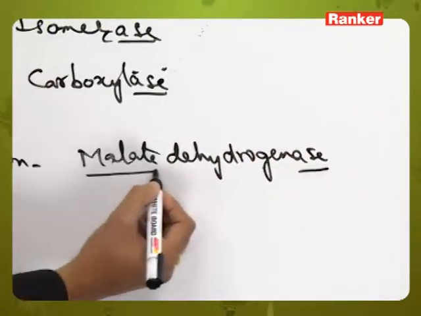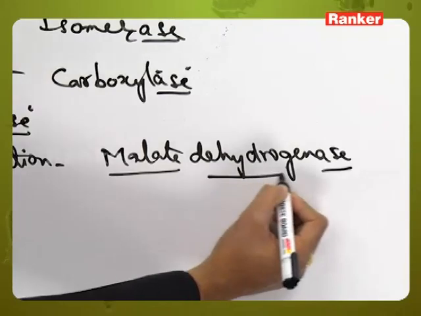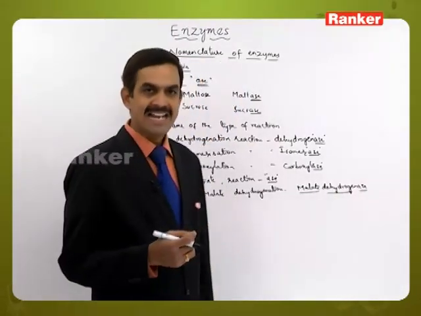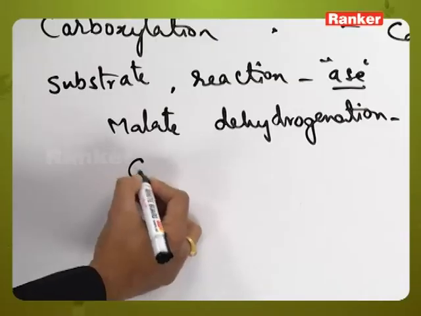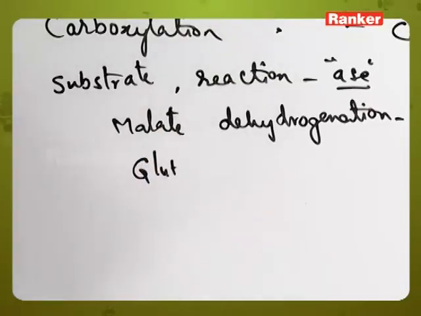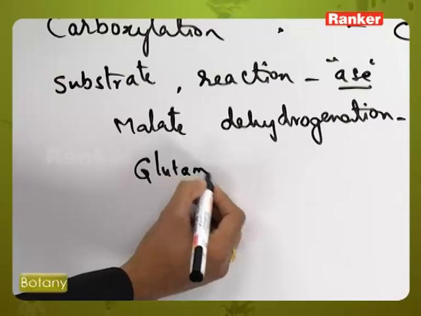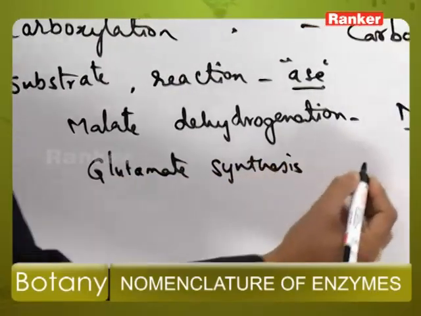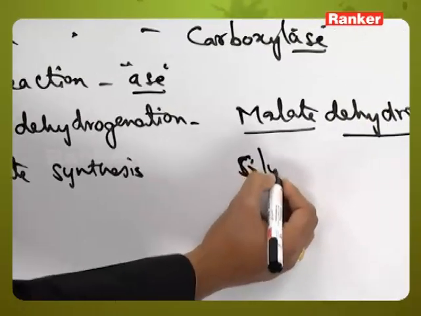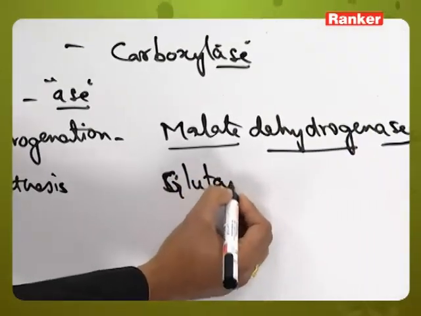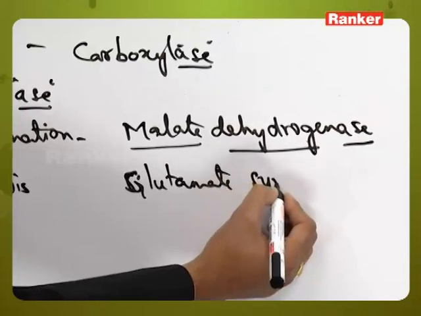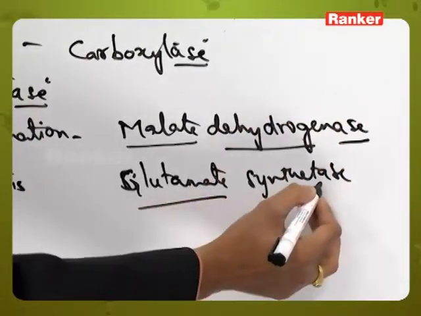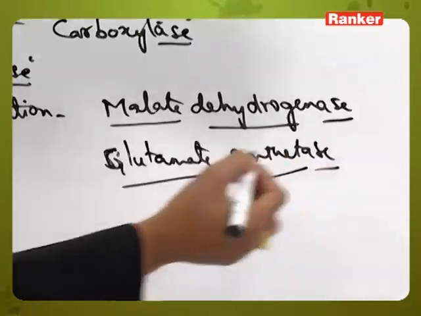Here malate is the name of the substrate, dehydrogenation is the type of reaction, and that is ending with "ase". Likewise, glutamate synthesis, so we call it glutamate synthetase enzyme. So here the type of substrate, the reaction and the "ase".